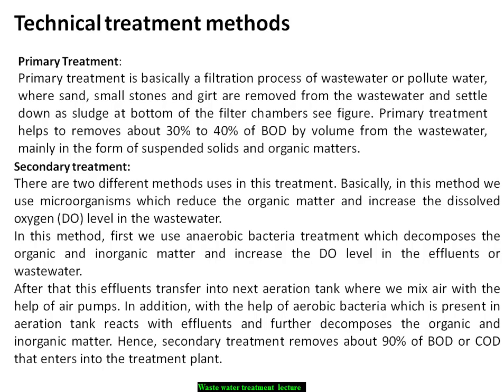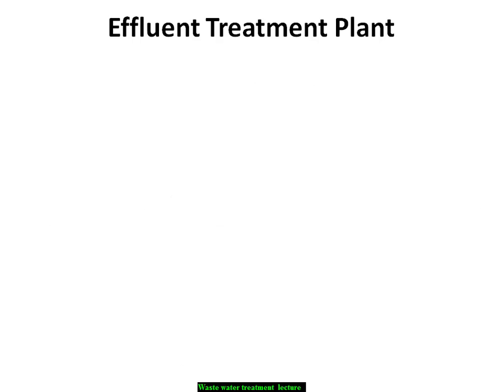If we decrease the BOD and COD level by about 90%, then we can increase the dissolved oxygen in the water body. If we increase the dissolved oxygen in the water body, it means the water is treated now. In this slide we will discuss in detail the primary and secondary treatments.